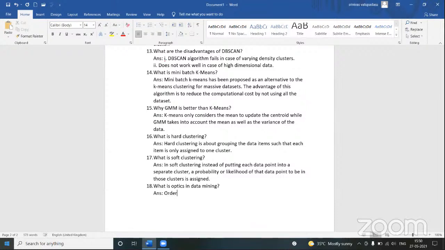OPTICS stands for Ordering Points To Identify the Clustering Structure.